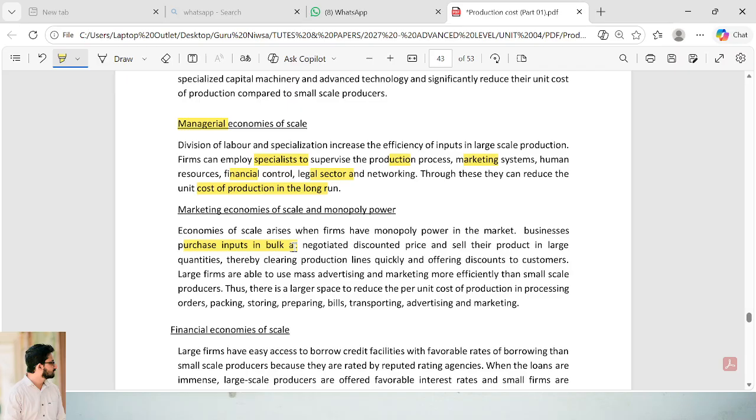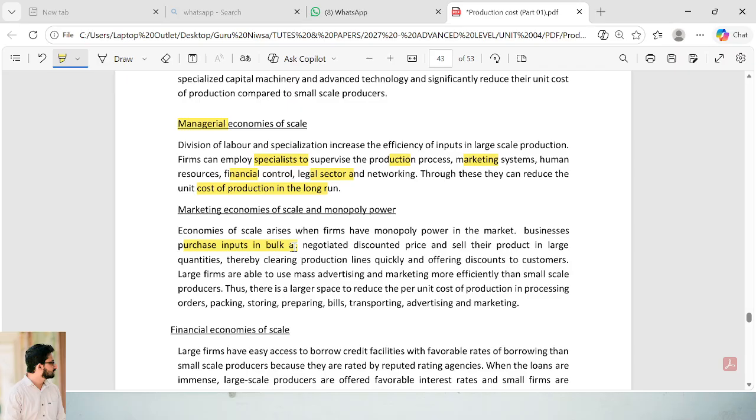Example, let's say Brandix, MAS Holdings. They are manufacturers of garments, apparel. They are large producers. They produce 1 million, 2 million units of output maybe per week. So they need more raw materials. They buy all these raw materials in bulk. That is called bulk purchasing.